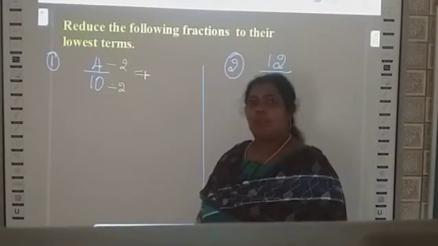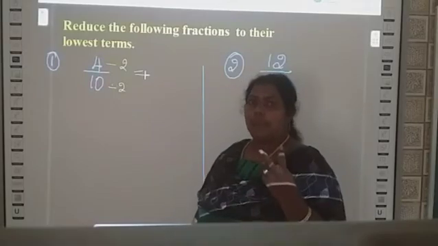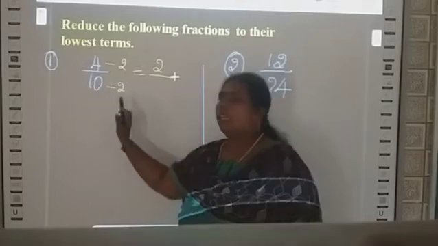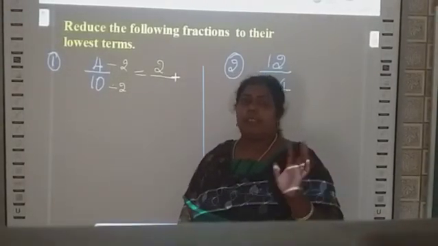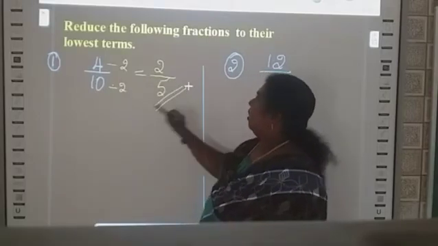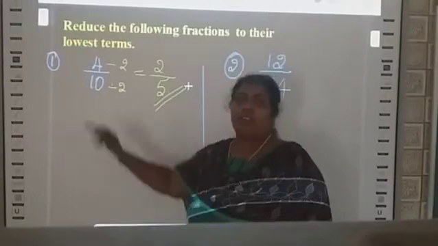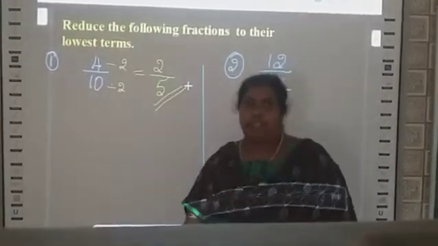How many times 2 is 4? 2 times only, right? So 2 is the value. Then the denominator, 10 divided by 2. How many times 2 is 10? 5 times, right? So the lowest term is 2 by 5. So 4 by 10, the lowest term is 2 by 5, right?